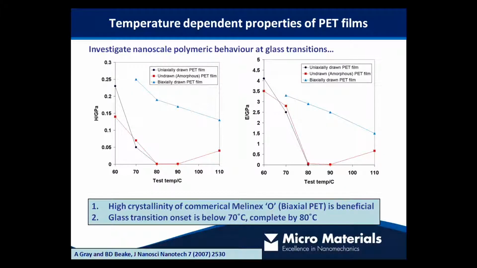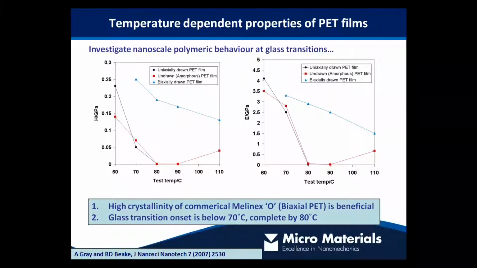Then we have a uniaxially drawn equivalent material, so the material's been stretched in one direction, so we've imparted some order into the microstructure there, and then a biaxially drawn material of the same chemistry. So even more order has been put into the material through biaxial mechanical working, basically stretching the material.